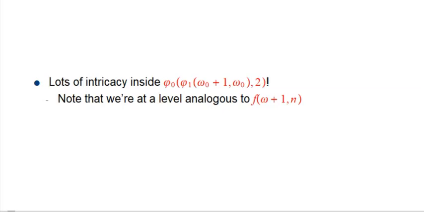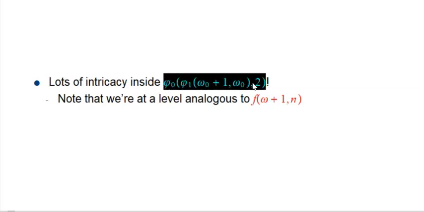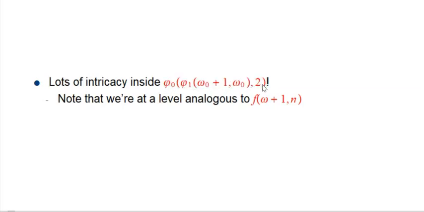Okay, we've seen how intricate this expansion got when we ratcheted up that inner control exponent to omega naught plus 1. We used that to control some arithmetic on omega naught inside the outer control slot of the phi naught. And that was just with a 2 in the input.